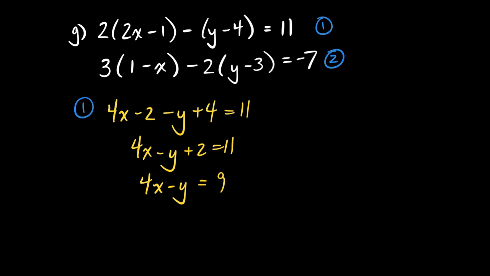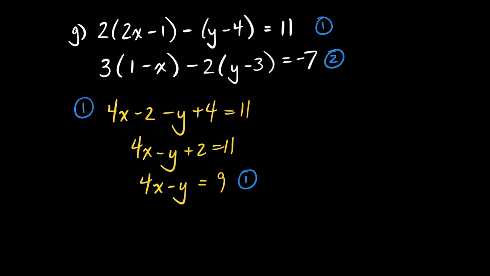Yes, you can make a human error mistake in there, but I'm really hoping that expanding brackets and collecting like terms, we don't make mistakes with that anymore. And so that equation that we just came up with, 4x minus y equals 9, you expect that to be perfect, the best version of equation 1.